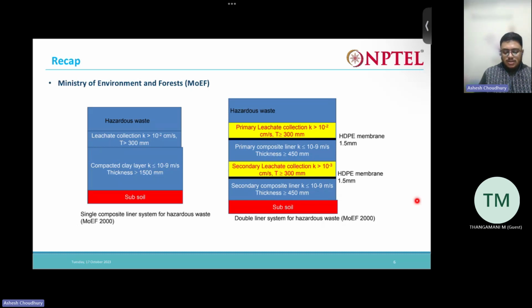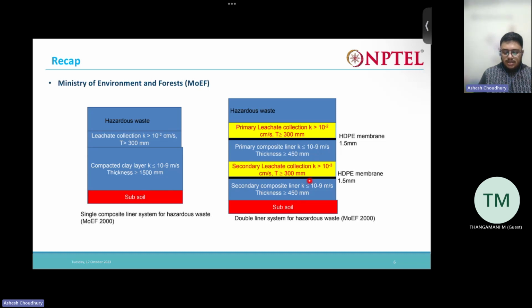Okay, so for two types of hazardous wastes, it has given, for some, a single liner. If you want to use a single composite liner system, this may be the desired arrangement, or if you want to use a double liner system, this may be the desired arrangement.